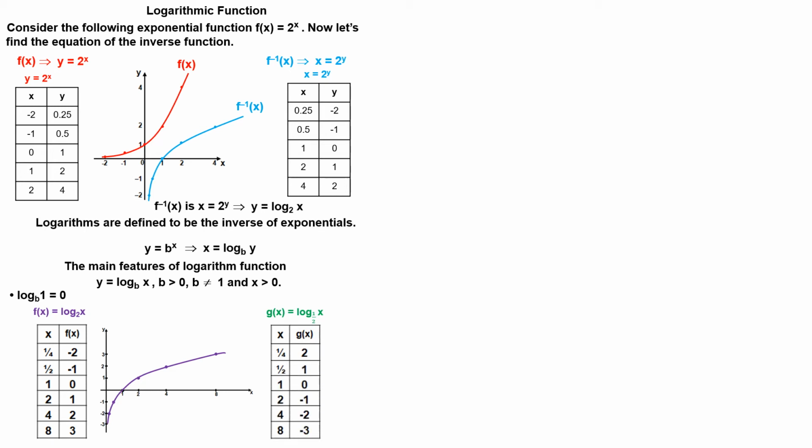So we take the table of values for the exponential function y equals 1/2 raised to the power of x and switch x and y to get the table of values for the logarithmic function y equals log base 1/2 of x. We plot these points and connect them with a smooth curve. This graph is very similar to the log base 2 of x, but now the y values decrease as the graph progresses to the right.